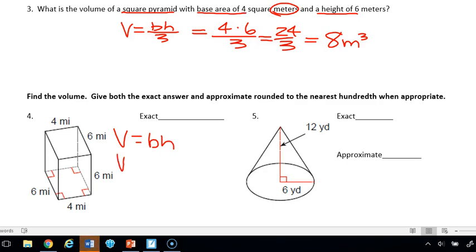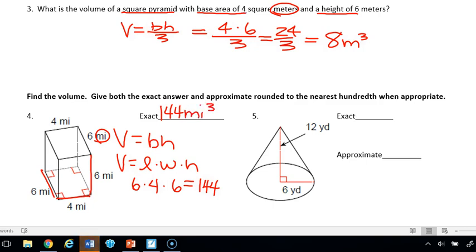So I'm going to say volume is equal to length times width times height. So that's going to be 6 times 4 times 6. When I do that, I get 144. And we notice that it's miles, so it's going to be 144 miles cubed.